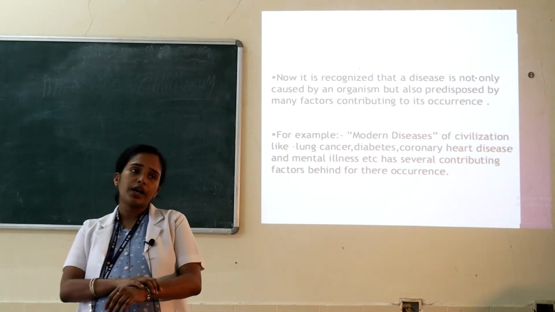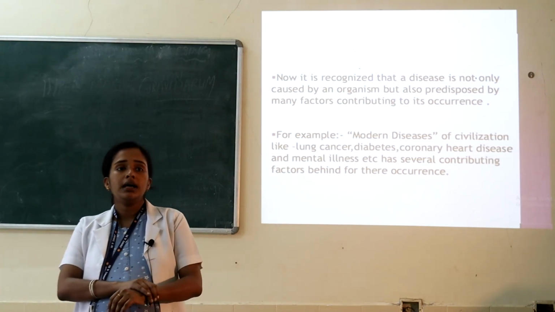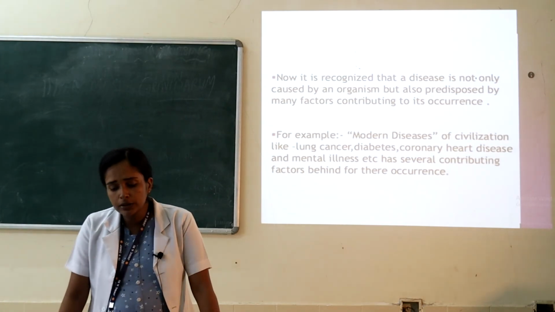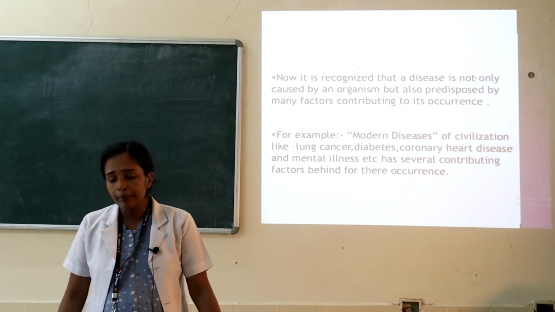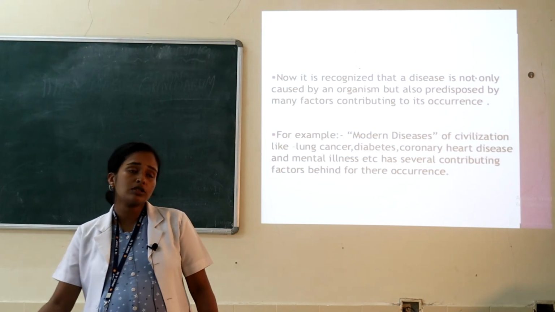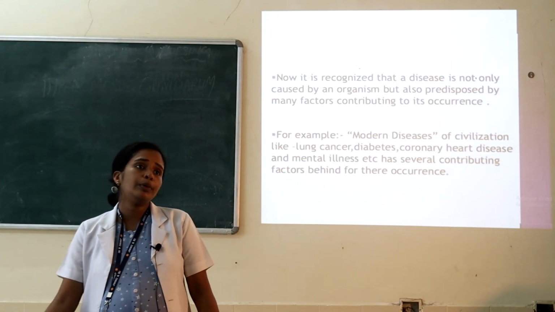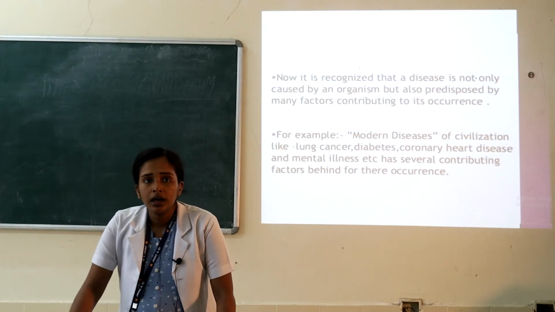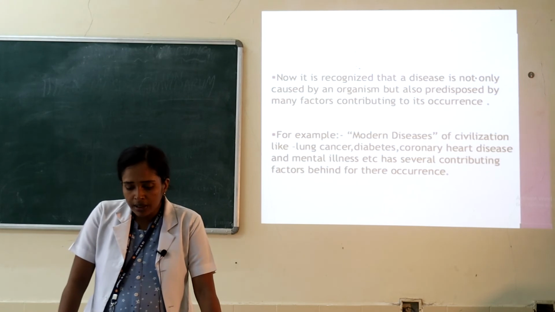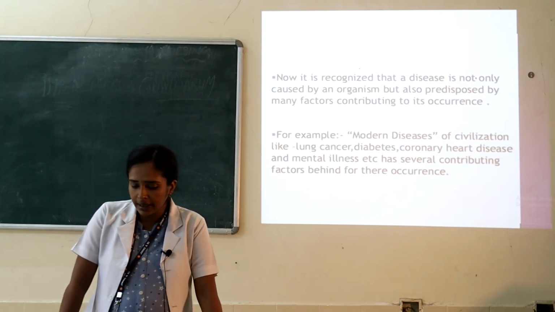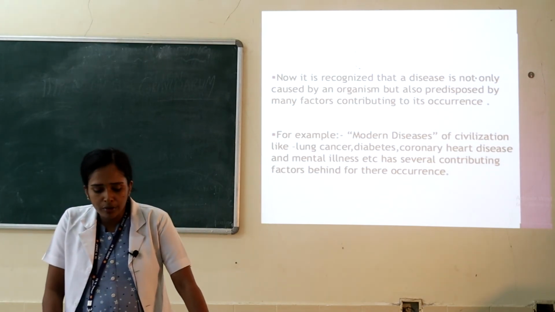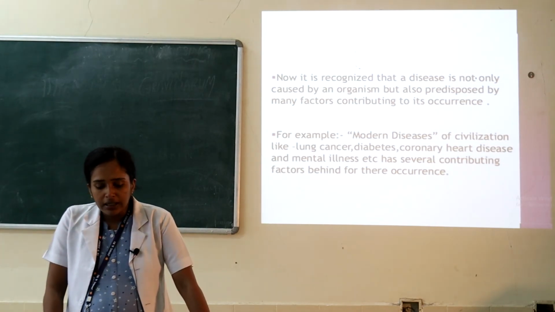The epidemiological triad explained that a communicable disease is caused by the association of three factors, and it could not explain the occurrence of non-communicable disease. For example, modern diseases of civilization like lung cancer, diabetes, coronary artery disease and mental illness have several contributing factors behind their occurrence.